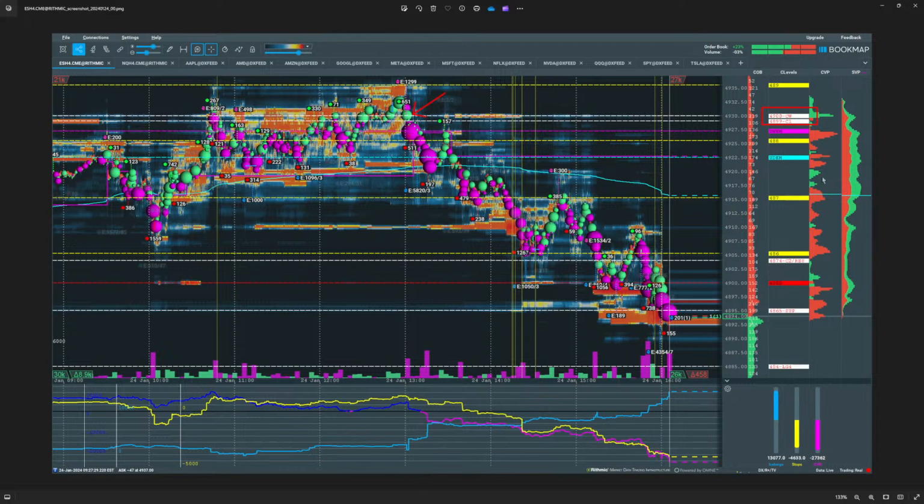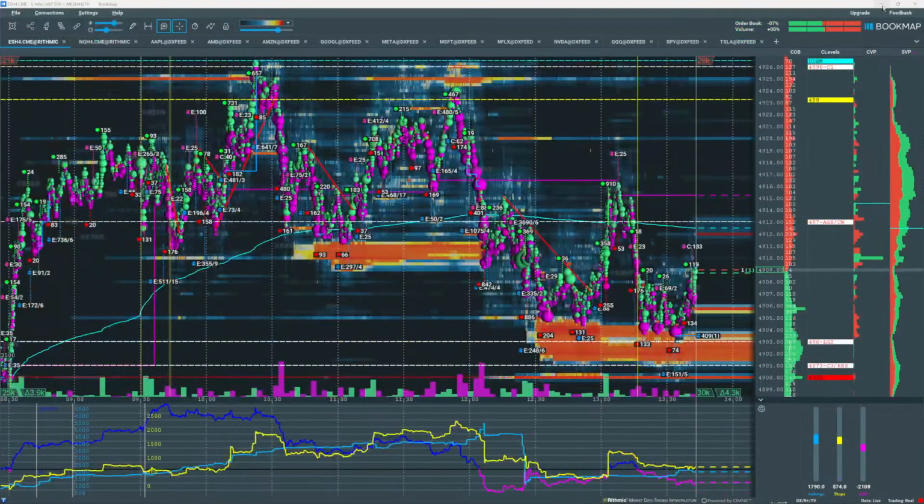And that was the trigger for the coordinated move lower in the S&P 500 and most of the stocks that I follow, as well as the NASDAQ. All right, so that's from yesterday, showing the 4,900 level and the reaction there. All right, so the 4,900 level is just above here.